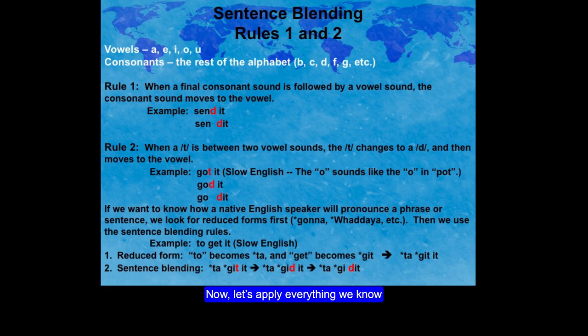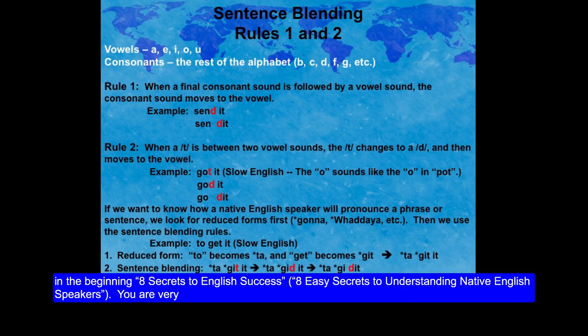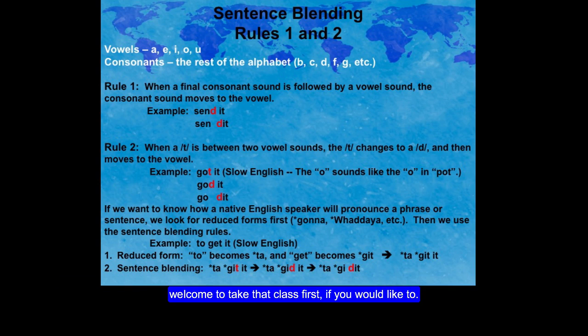Now let's apply everything we know about real spoken English. We've learned reduced forms in this class, and if you're not quite sure of the forms that I keep referring to, they were learned in the beginning 8 Secrets to English Success. So you are very welcome to take that class first if you would like to. Okay, so how do we figure out how a native speaker is going to actually say a sentence?